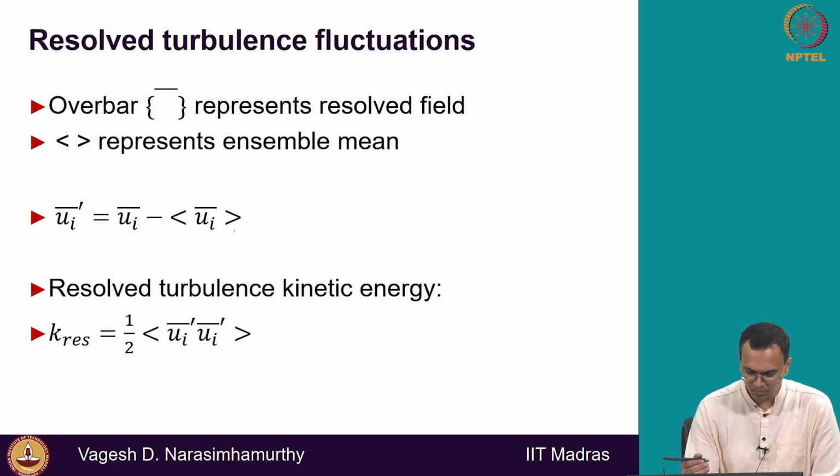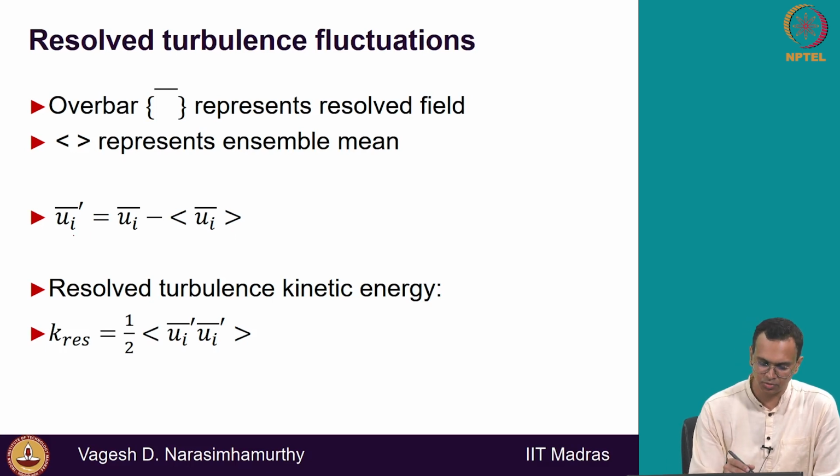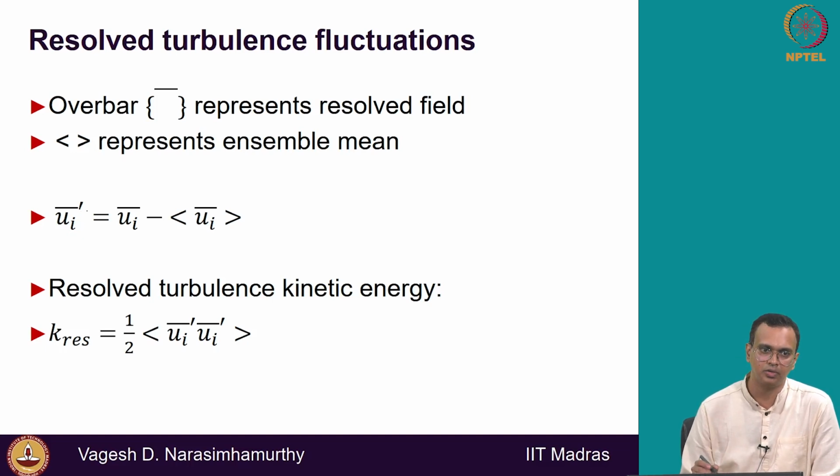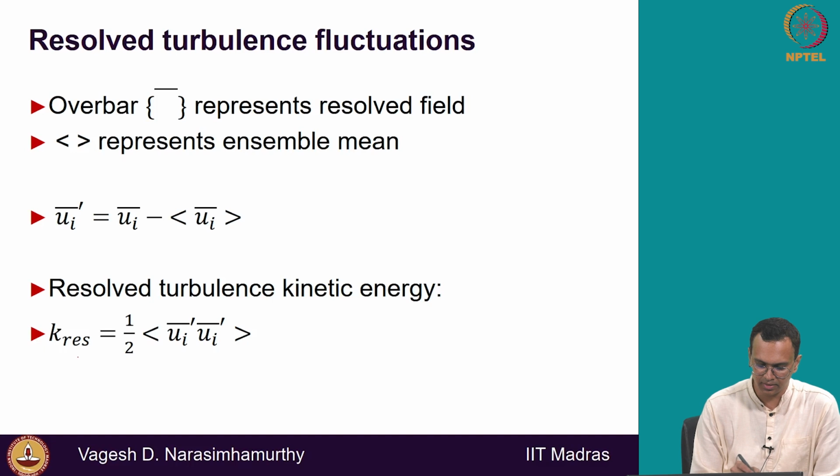And therefore once you have access to the resolved fluctuations, the turbulent fluctuations, then you can go on and get all your turbulence data, right? For example, you can get resolved turbulence kinetic energy, right? So the K resolved will be part of the total turbulence kinetic energy, right?